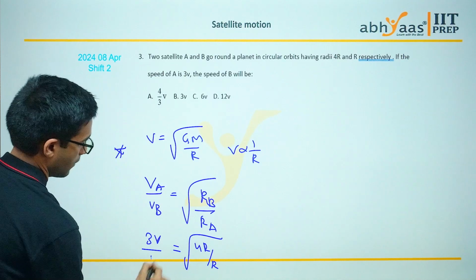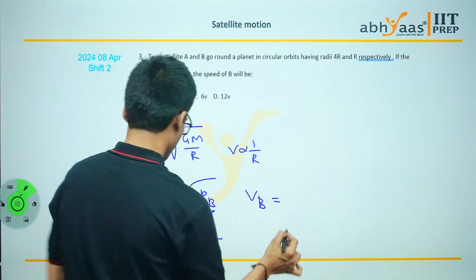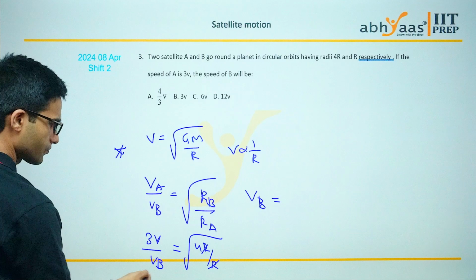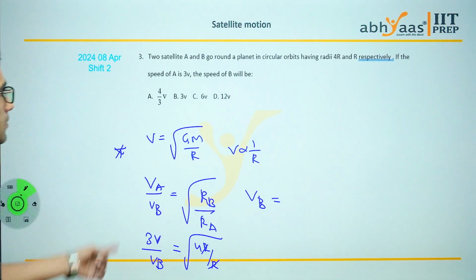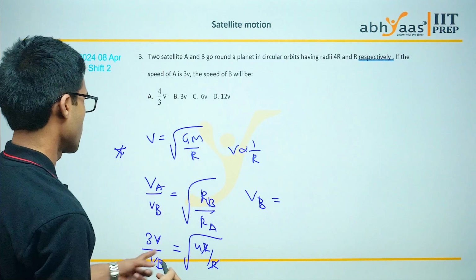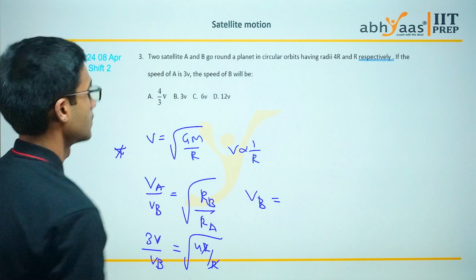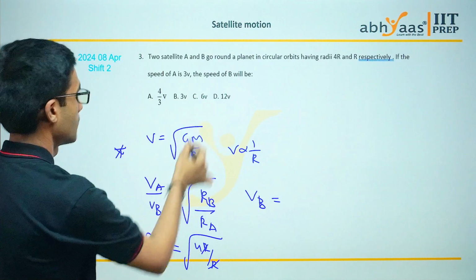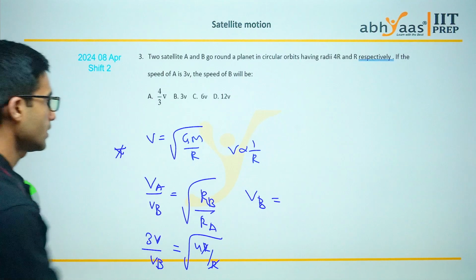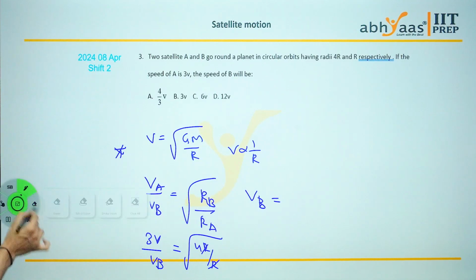VA is 3V by VB. So what you will get? 6V, VB equal to, root 4 is 2, R gets cancelled. RB is given, how much? 4R. VA by VB, VB we want. I think just check it.